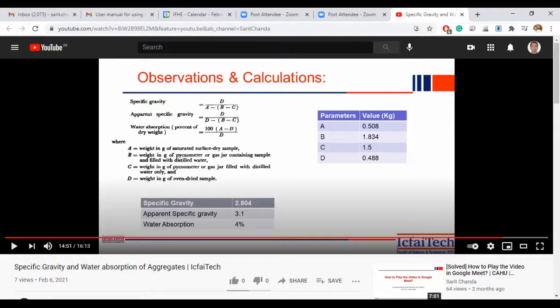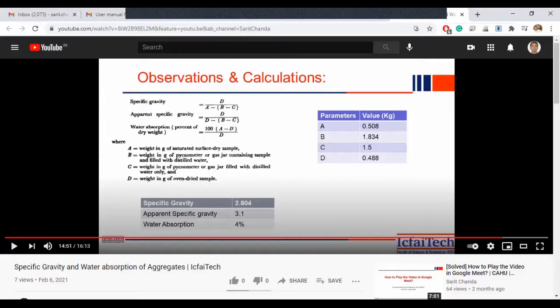You fill the pycnometer up to the top portion, right? And then find the weight. That weight comes out to be B, and it is 1.834 kg.